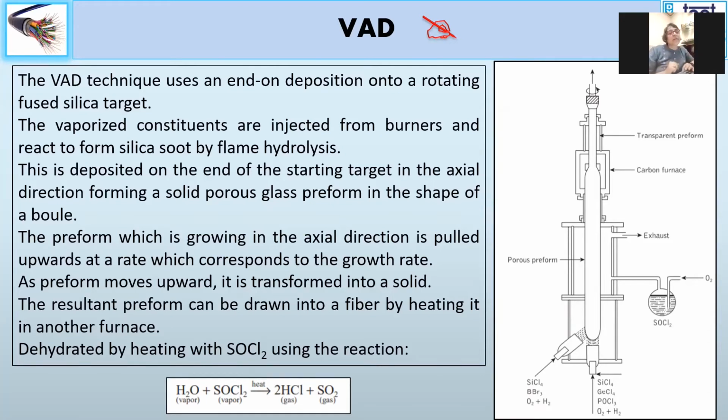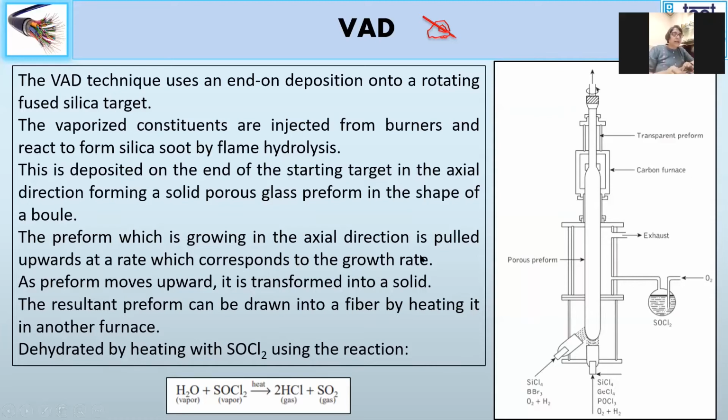If customer requirements change the refractive index profile they want, everything can be easily fabricated. Through programming and automatic control, we can control these burners for release of the vapor.